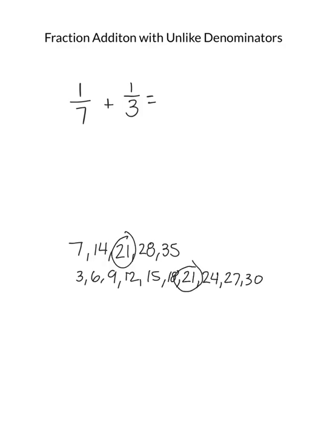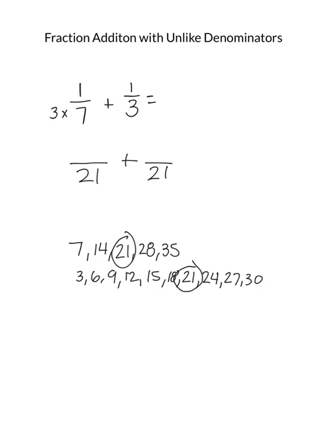So I could change this problem here to two fractions that have 21 in the bottom. Well, what do I have to do to each fraction to get to 21? Here, if I have 7, what do I multiply 7 by to get to 21? Well, I have to do 7 times 3.